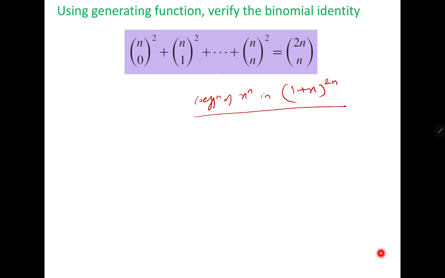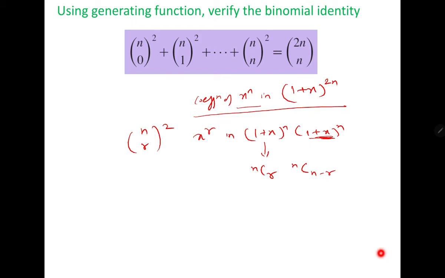Now if you see the left hand side, it is like, for example, nCr square. So we need the coefficient of x raised to the power n in (1 plus x) raised to the power n times (1 plus x) raised to the power n. In one it is nCr, and in the other, since I am looking for the coefficient of x raised to the power r, it comes out to be nC(n minus r).